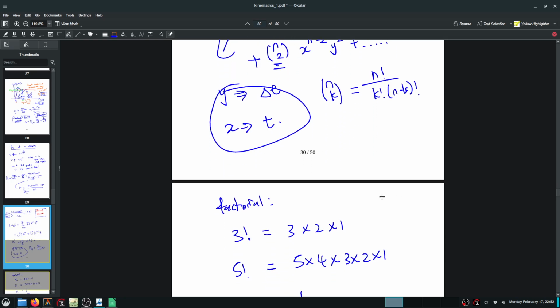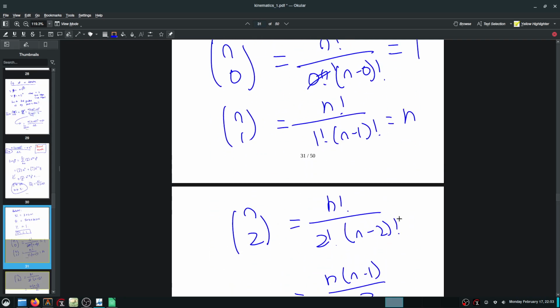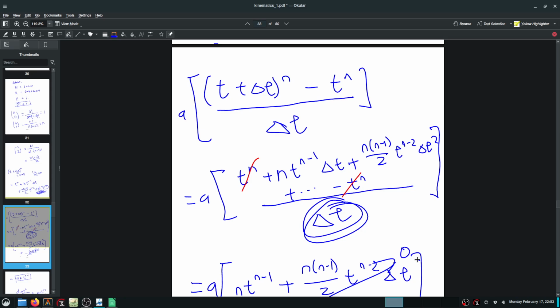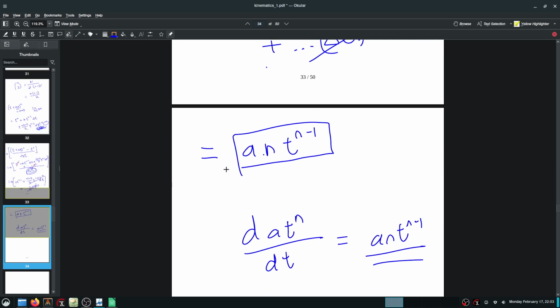Now, not all differentiation you can do so simply like that. Maybe for some of you it may be quite complicated already. I'm bringing a lot of complications there, but basically this is how derivatives come about. You're taking gradients like that, and you are making the delta t so small that a lot of these terms just disappear, and then you are left with some final answer right here.